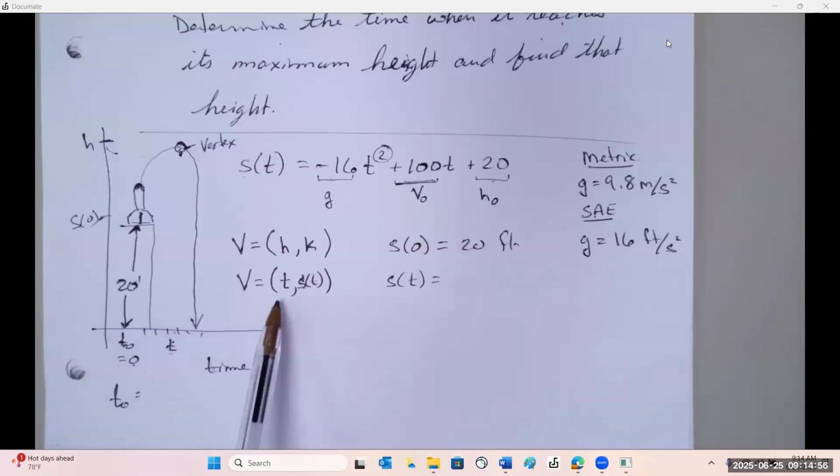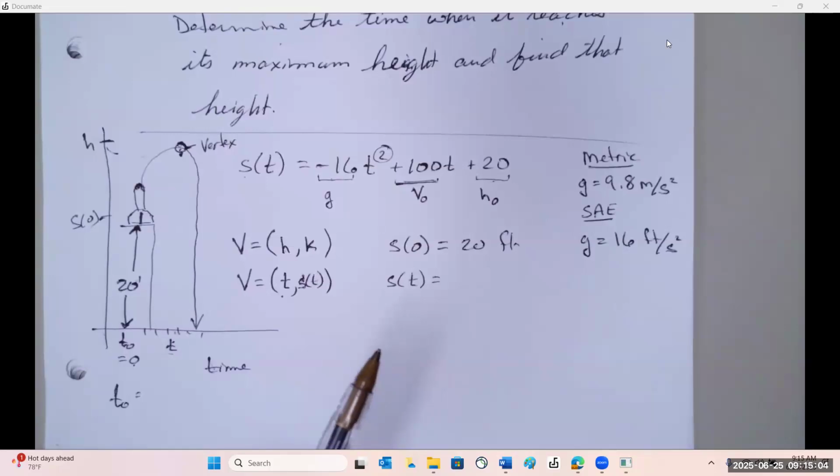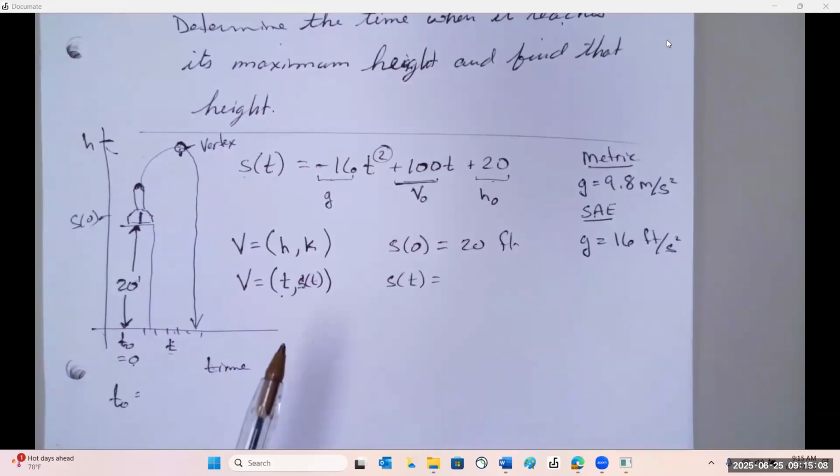Again, I know 90% of you don't look at your notes after you finish class. So go ahead and flip through your notes from yesterday and see what you wrote down for the t value for a vertex. If you didn't write it down, I'm sorry.